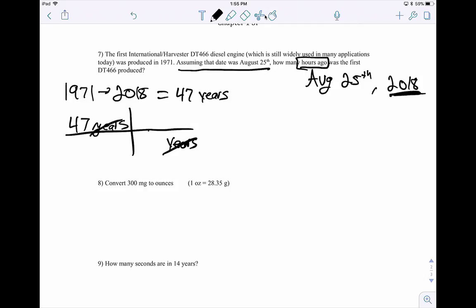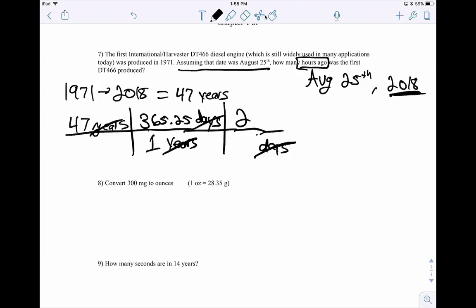How about days? That's a nice way to simplify it. We know there's 365.25 days in 1 year. That's perfect. But again, we don't want days in the final answer, so we need to put it in the denominator since it's already in the numerator.